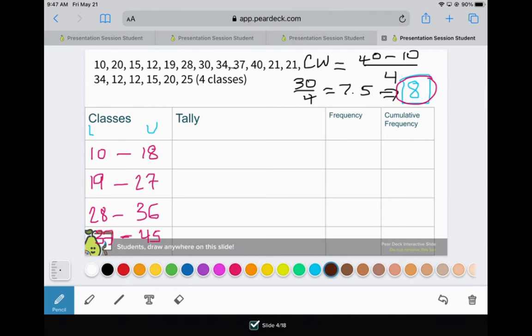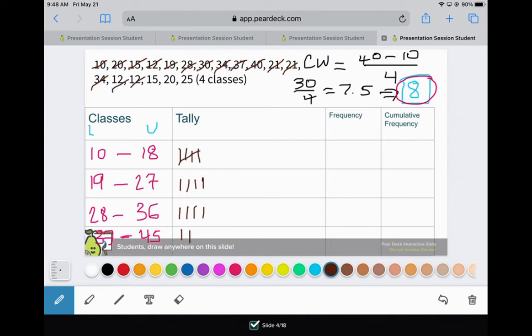So I'm going to start with number 10. 10 is in here in the first class. 20 is in the second. 15 is in the first. 12 in the first again. 19 second. 28. 30. 34. 37. 40. 21. 21 again. 34 right here. 12.